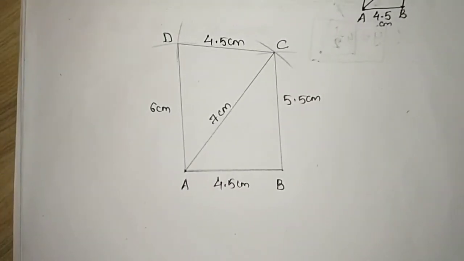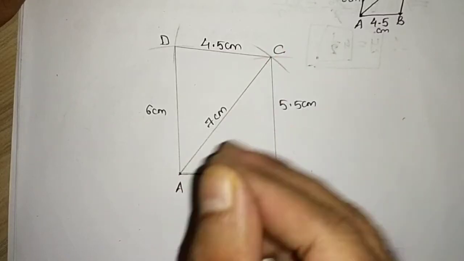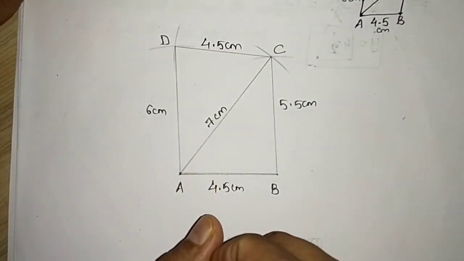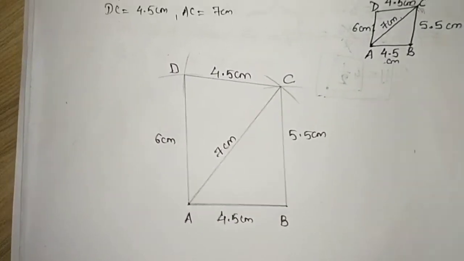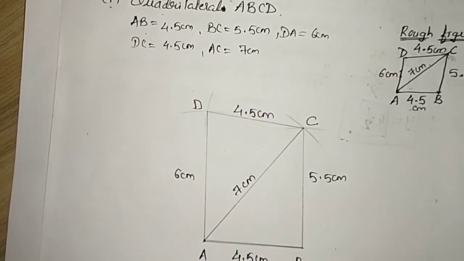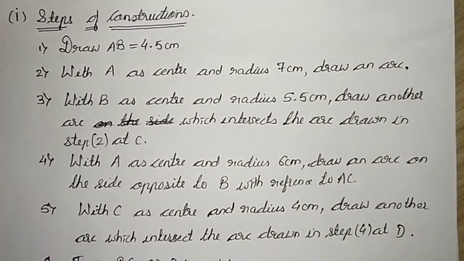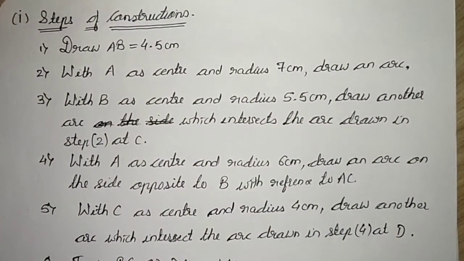Now whatever we have drawn, how we have drawn, we have to write also, and for that purpose I have already written steps of construction which I am showing to you. Please take the screenshot if you want, or you can write on your own also. Whatever we are constructing, we are supposed to write in the steps.